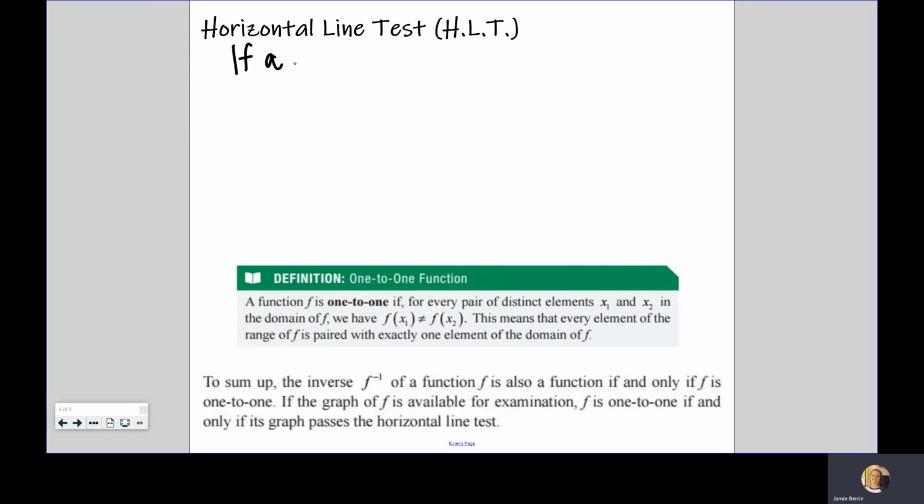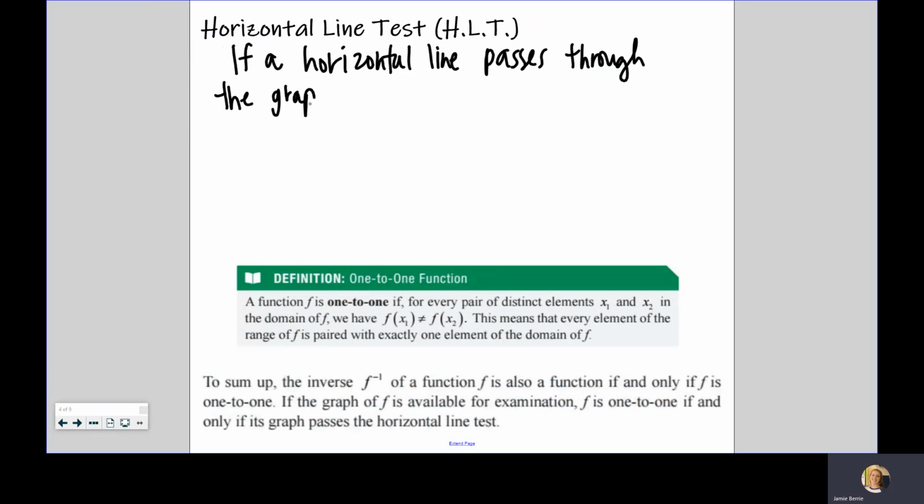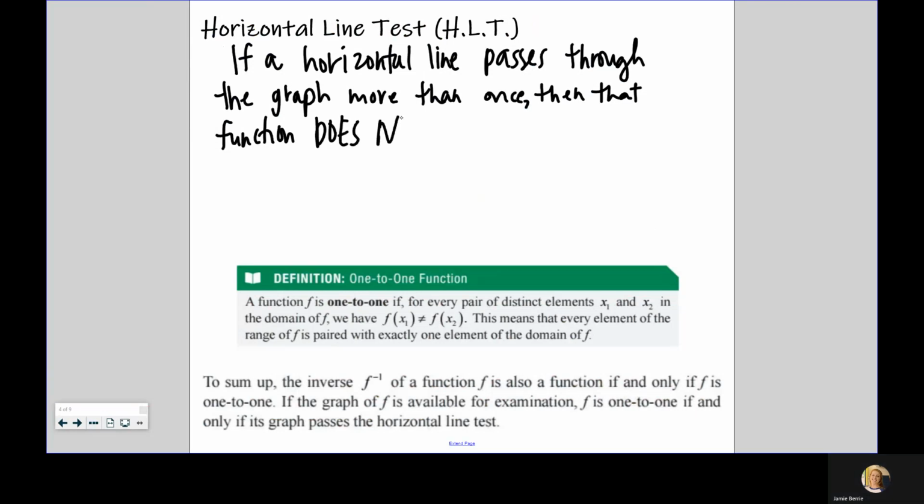If a horizontal line passes through the graph more than once, then that function does not have an inverse.